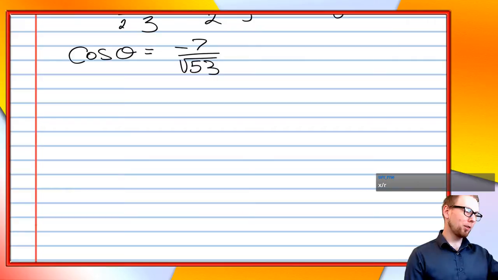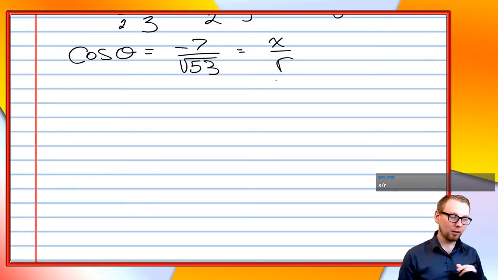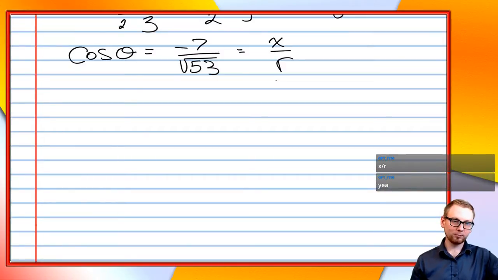X over r. Good. Can r be negative? No, r cannot be negative.